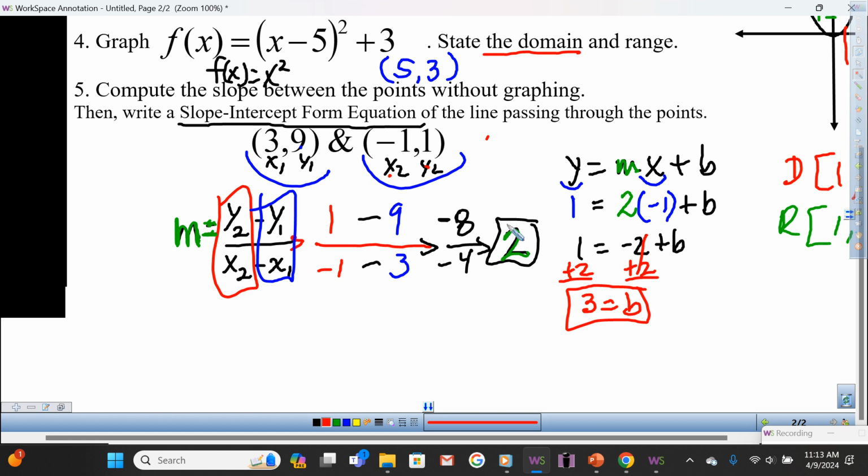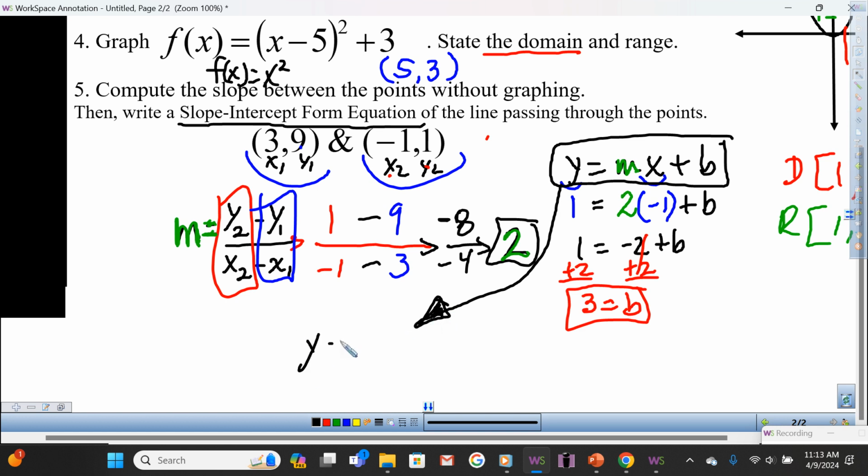So, back to the question. Write a slope-intercept form equation. So now I'm going to guide myself with this one again. I'm going to start it by writing y equals blank x and then blank. What is m, everyone? 2. What is plus b?